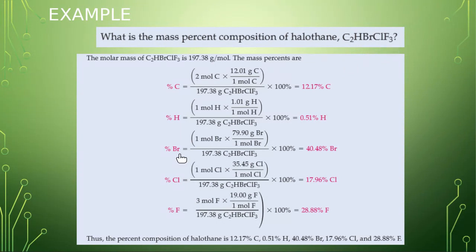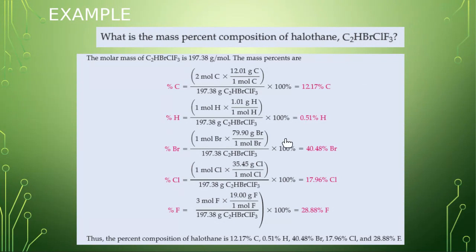And for example, for the bromine atom, only 1, don't forget that, and you have to multiply with this bromine atomic mass, and then divide by this halothane molecule's molecular mass and multiply with 100, and you will find the 40.48% of bromine. This is only 1 bromine we have in the composition of halothane, but the percentage is much higher because of its atomic mass.